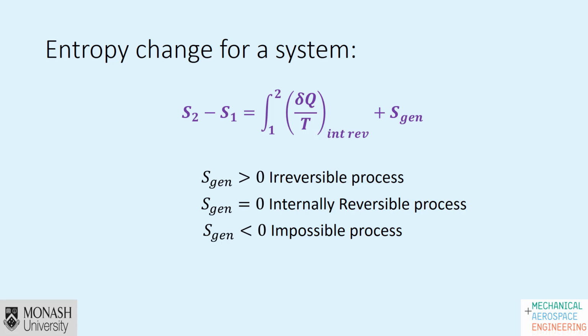We can never have a negative value for entropy generation. So here we've talked about how we define the property of entropy, and how from the inequality of Clausius, which of course comes out of the second law of thermodynamics, we know that entropy will never be destroyed, only created or transferred. This doesn't cover what entropy actually is, but that's a topic for another day.